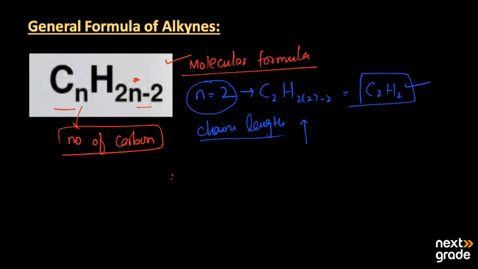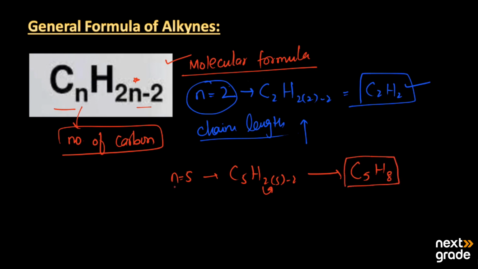Another example: if you put n equal to 5, then C5H(2 into 5 minus 2). We get carbon 5, hydrogen 2 fives are 10, 10 minus 2 is 8. So the molecular formula for the fourth member of the alkynes will be C5H8. If I draw its structural formula, then first of all we draw the carbon atoms: carbon number 1, 2, 3, 4, and 5.